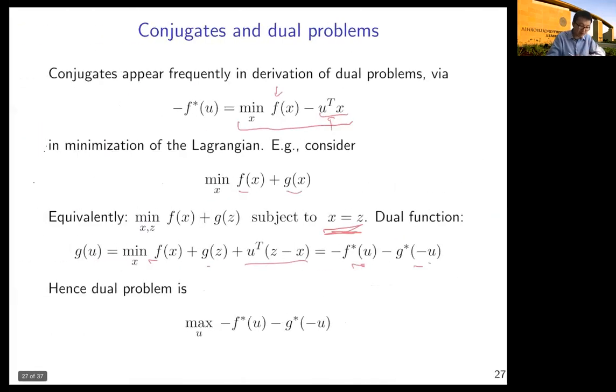And sometimes as you do the conjugation, if some of these are norms and non-smooth terms, then the constraints are going to be directly encoded in these conjugates f star and g star. The example that we gave is when g is the one norm, then g star says that u needs to be in the L infinity norm ball.